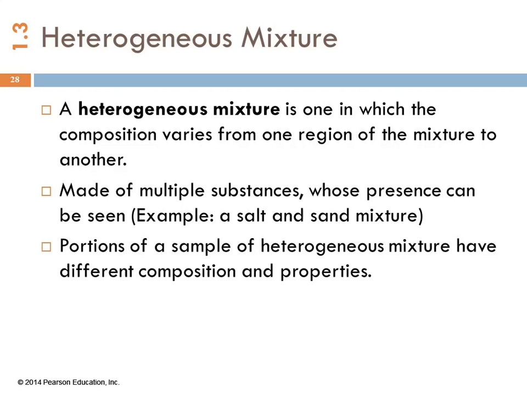Portions of that sample are going to have a different composition than other portions. And some mixtures, like if you mix oil and water, they don't mix very well, right? And so you've got the oil on the top and the water on the bottom. Or if you have something like macaroni and cheese, you've got the cheesy sauce and then you've got the macaroni. And you stir that up all you want, there's noodles in there, right? The macaroni. It's different. It's heterogeneous.